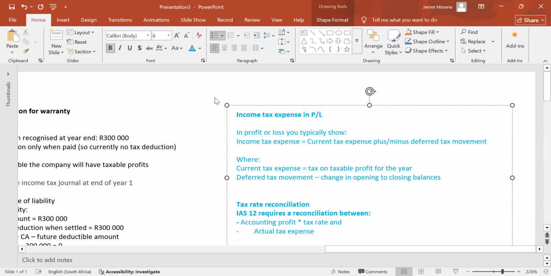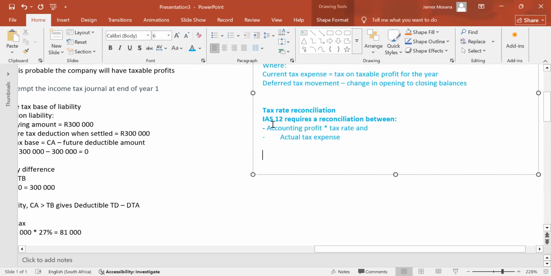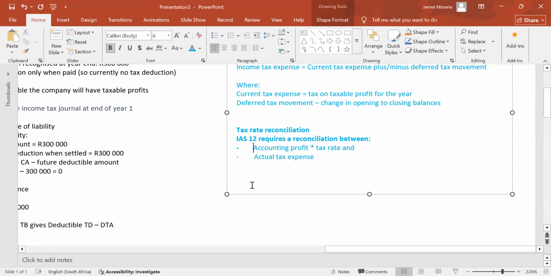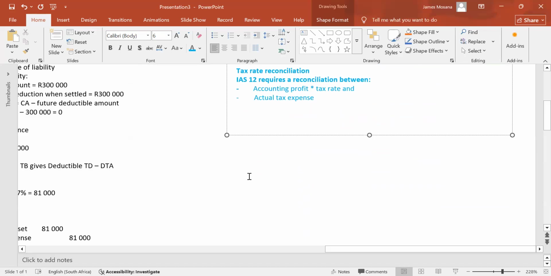So now let's do a mini example of this tax rate recon. So here we have our facts.